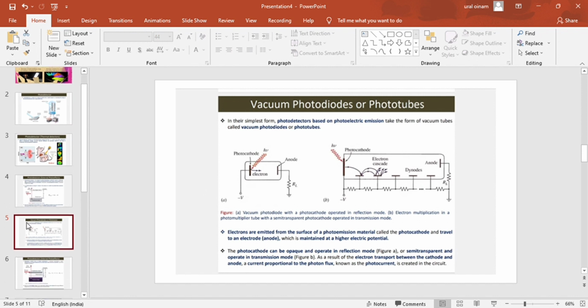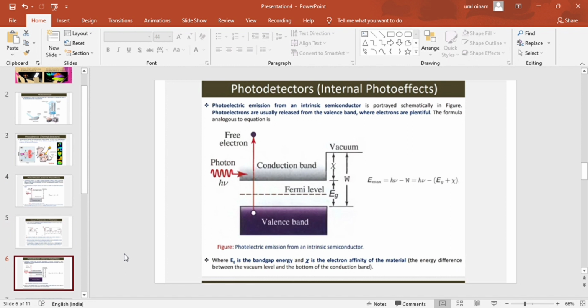And now let's move on to the internal photodetectors. So what are internal photodetectors? Well, in internal photodetectors, when the electron absorbs the photon, it moves from the valence band to the conduction band.